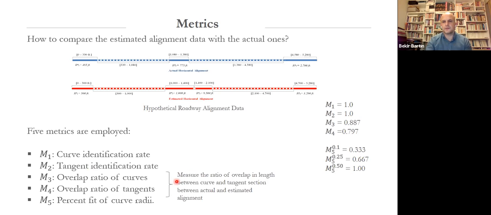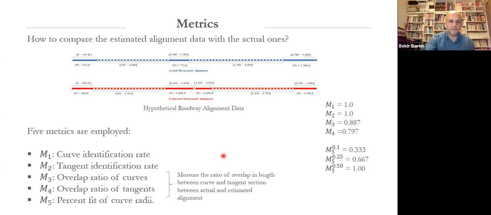M3 in this specific hypothetical example is 88.7%. 88.7% of the curved sections were identified by the estimation, and similarly nearly 80% of the tangent sections were identified.